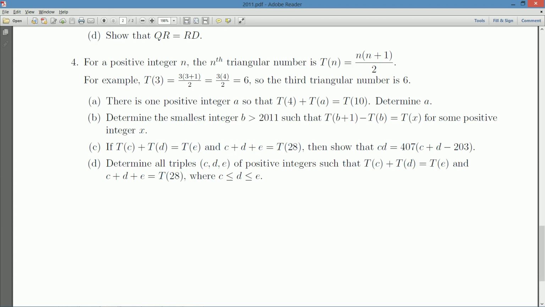And that should get me home free, I think. Actually, I could probably use this to solve for D in terms of C, and that would definitely help. Could I solve for D in terms of C? Well, let's find out.